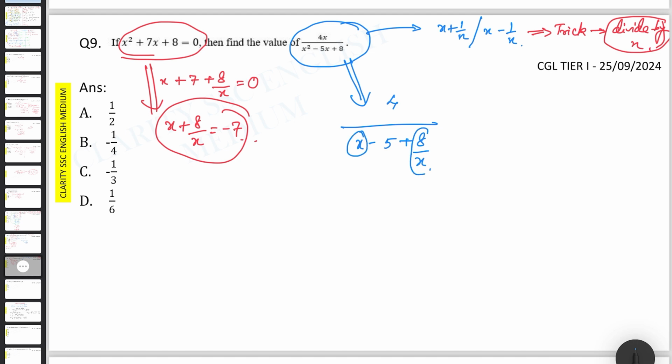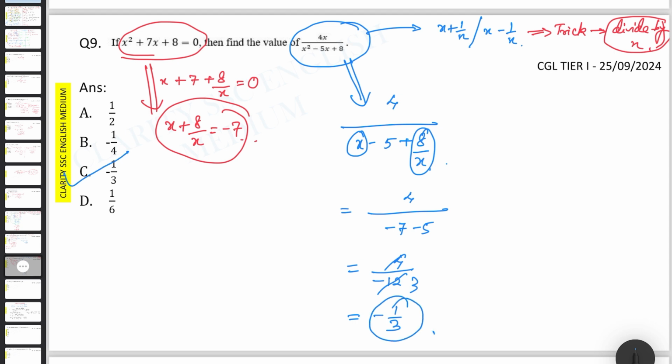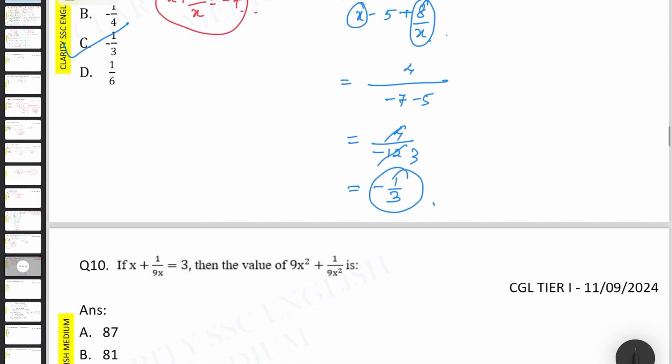So 4 by x plus 8 by x is minus 7, then minus 7 minus 5 is equal to 4 by minus 12, which is obviously minus 1 by 3. Minus 1 by 3 is the correct answer. C for cake is the correct answer. Let's see the next question.